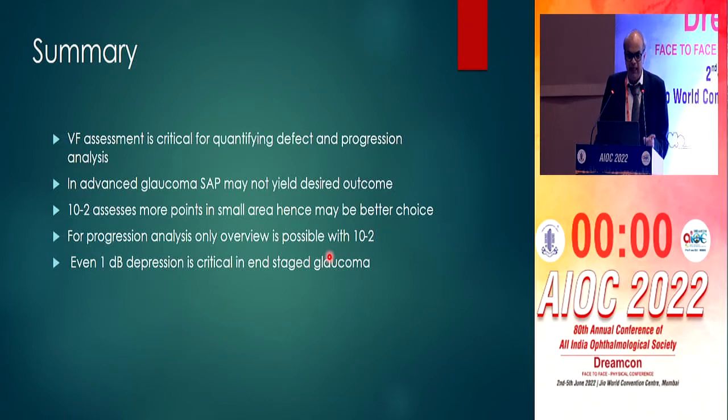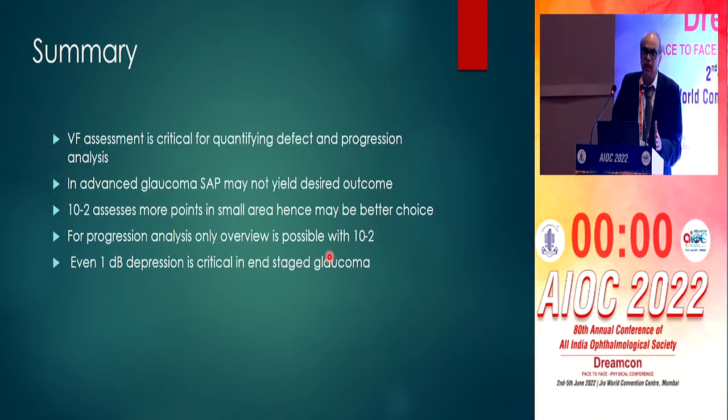So in summary, visual field assessment is very critical. But remember, if you have a patient of end-stage glaucoma, then the 10-2 strategy is the best strategy. You can monitor the glaucoma and pick up the progression a little early, and probably you would be able to save the useful vision the patient has got.